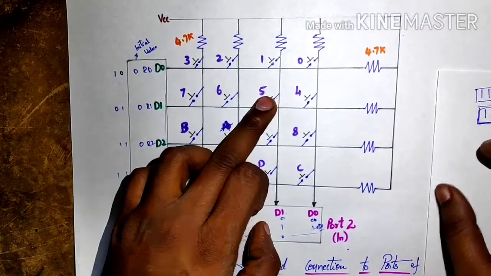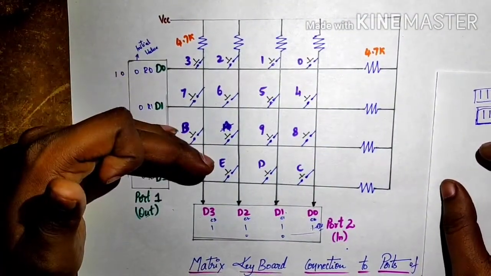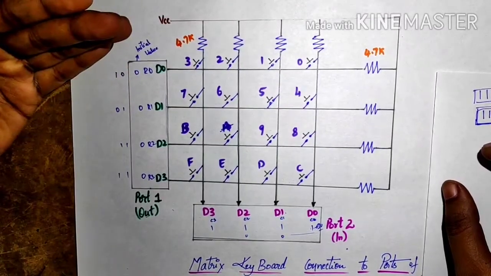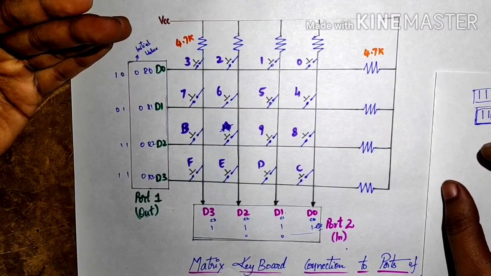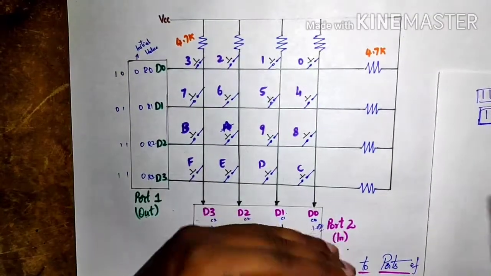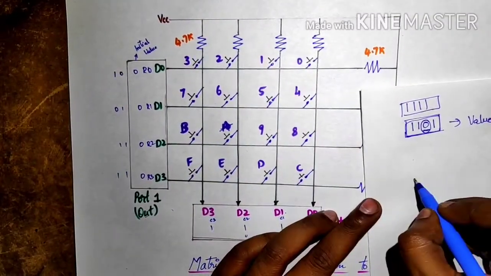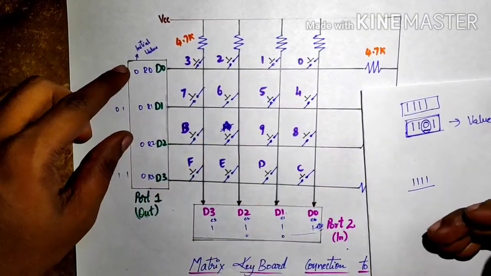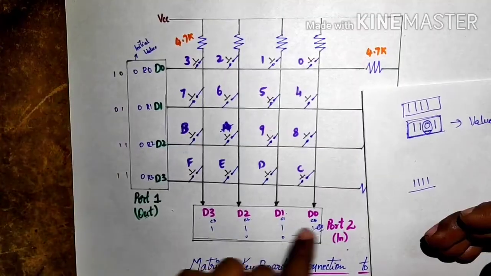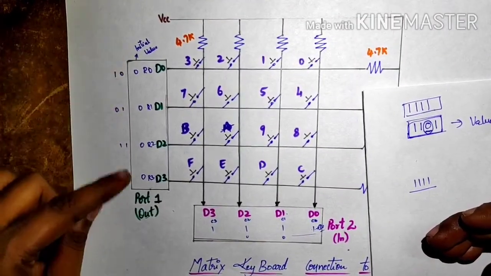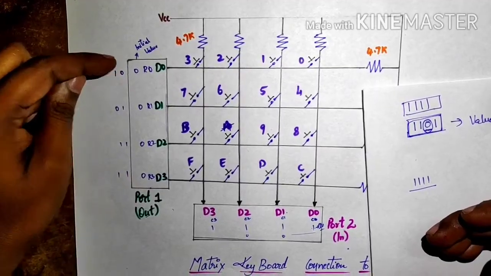To identify that particular row, the microcontroller will undergo a process. In this process, it will make all the column values ones again, and it will also make the row values ones except a single row.